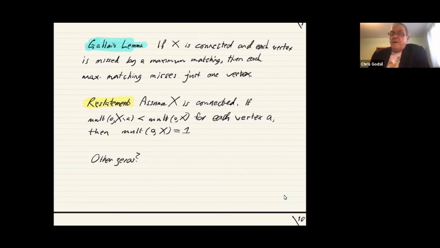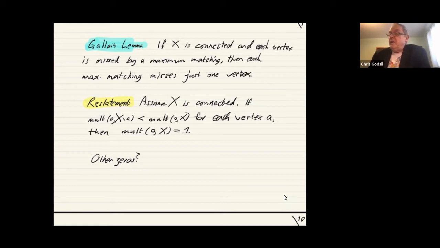Now we can restate this in terms of the matching polynomial. So assume that x is connected. If the multiplicity of 0 in x drop A is less than the multiplicity of 0 in x for each vertex A, then the multiplicity of 0 in x is 1. So this is just a translation of Godsil's lemma into a statement about multiplicities of matching zeros.